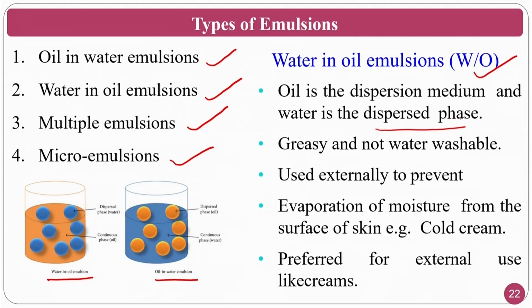Oil is the dispersion medium and water is the dispersed phase, greasy and not water washable, and used for external preventive and other purposes. What I mean to say is, you have oil where you just dump the water. So, you have the emulsions. If you want to mix properly, just use emulsifiers in these conditions.